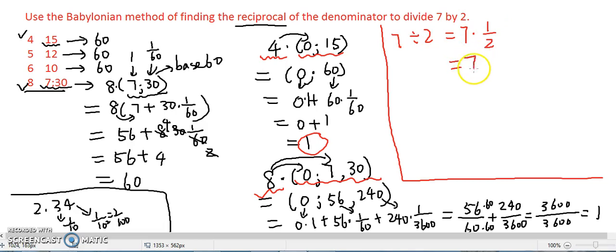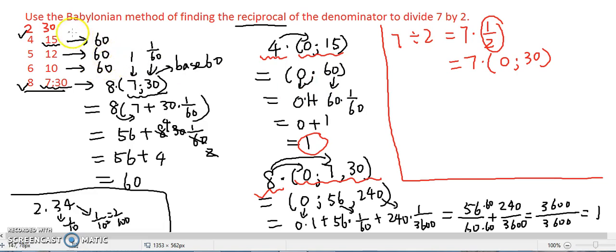And we're going to use Babylonian numbers. 1/2 is the modern way to write it, but the Babylonian way would be 0; 30. The reason is that 1/2 is like adding another 1 here: 2 times 30 gives you 60. So you put a 0 in front and a semicolon, and you get 0; 30.